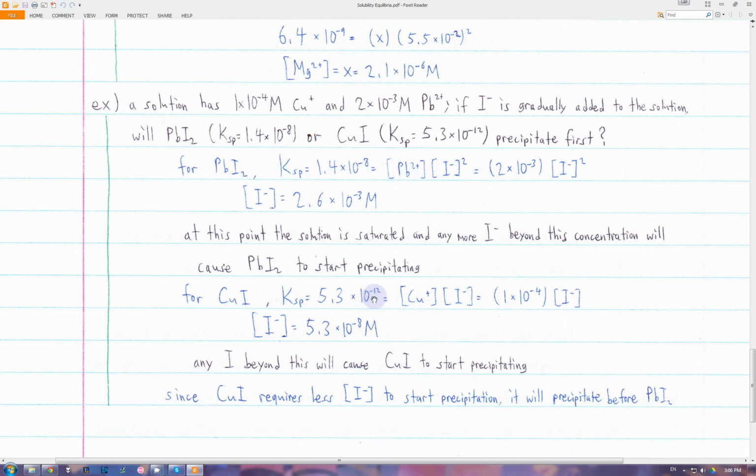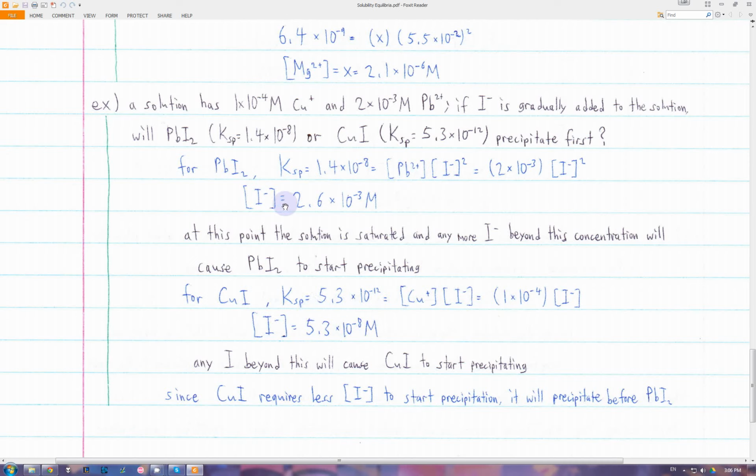We write out the equilibrium expression, plug in our initial concentration of the copper ion, and then solve for the concentration of iodine that will satisfy this equilibrium. So at this concentration of iodine ion, the solution will be saturated with copper iodide. And once the concentration increases over this amount, copper iodide will start to precipitate.